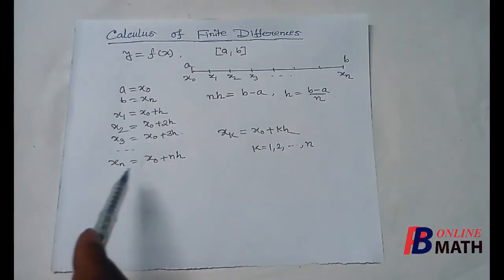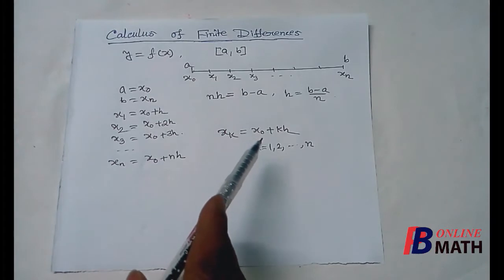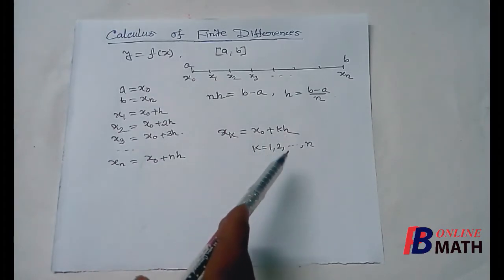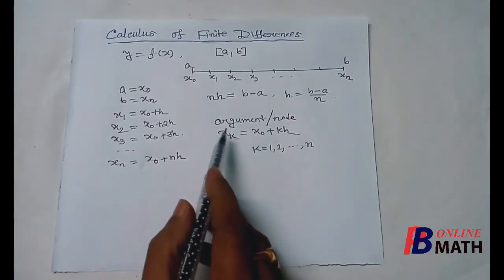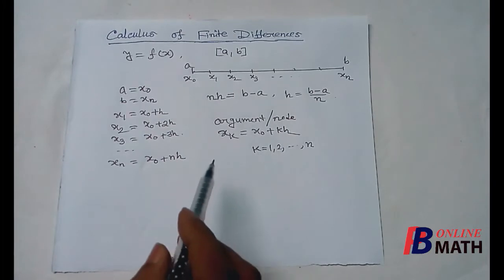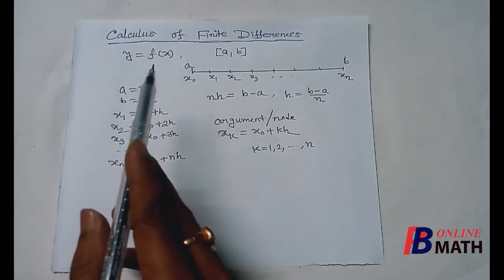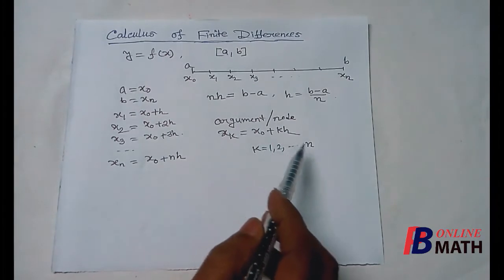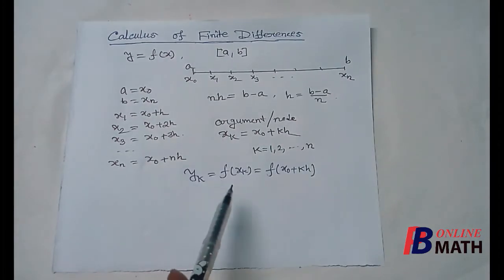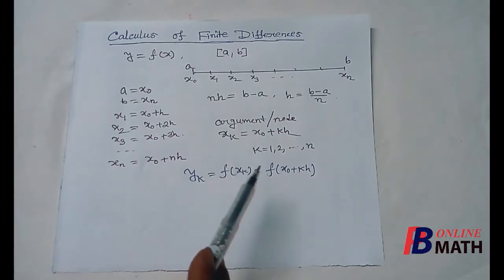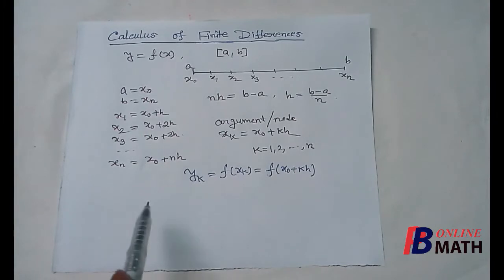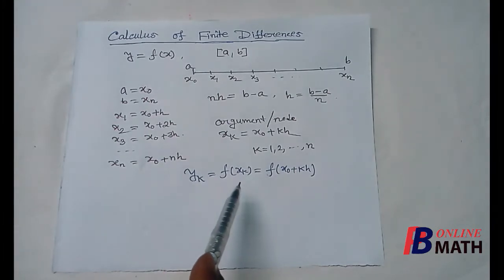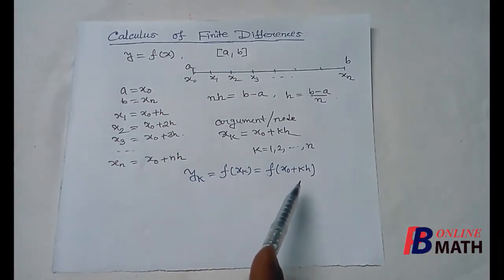Now all these points in one line can be written as xk equal to x0 plus kh, where k varies from 1 up to n. So these are the equidistant points. These points are called arguments or nodes. Next we shall find the value of this function at these arguments or nodes. If we compute the functional value at the point xk, which is x0 plus kh, then the functional value is denoted by, suppose, yk. So yk equal to the functional value at the argument xk, or at x0 plus kh.